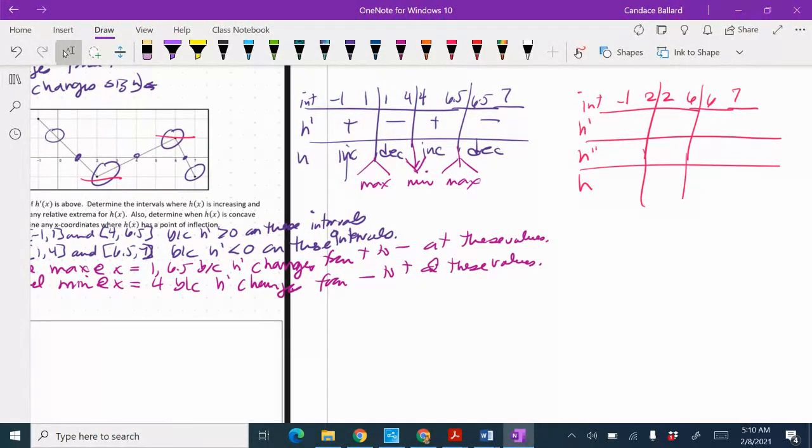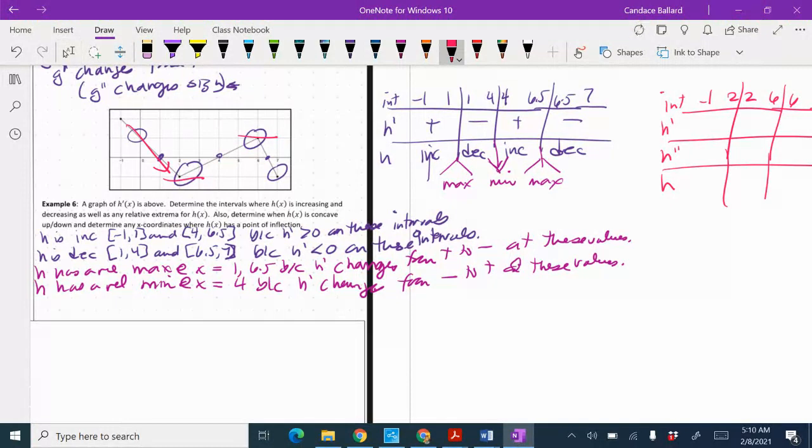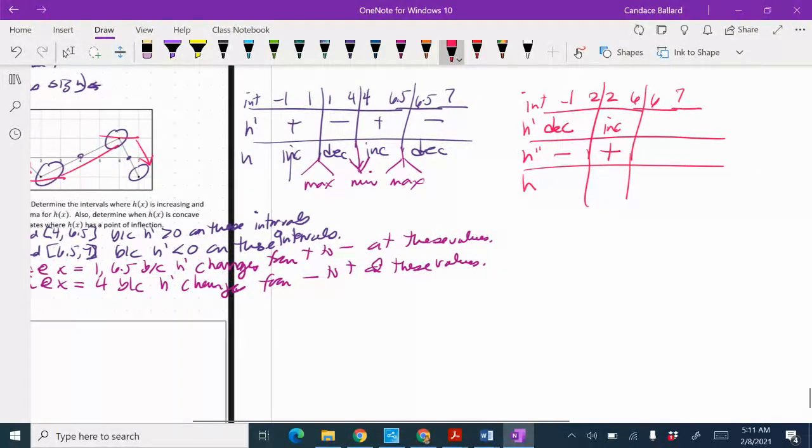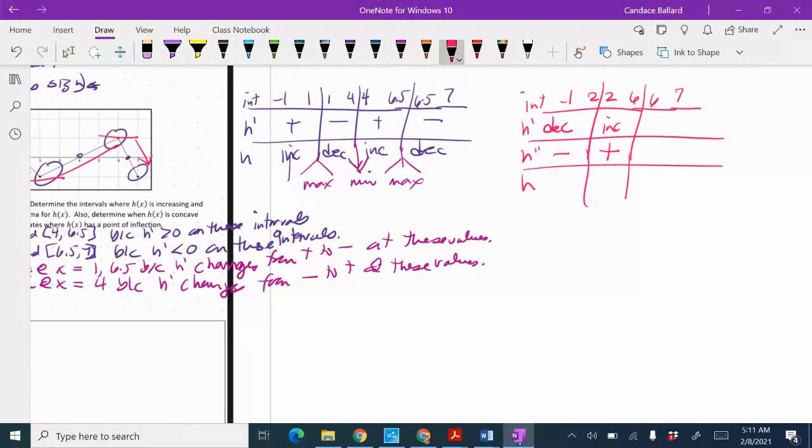So if h prime is decreasing, that means that h double prime is negative. If h prime is increasing, that means h double prime is positive. When it's negative, we are concave down. When it's positive, we're concave up.